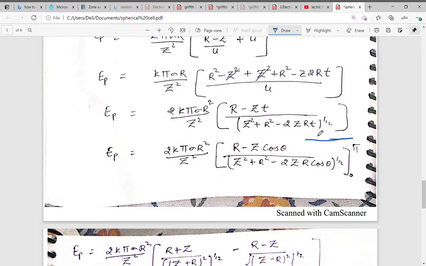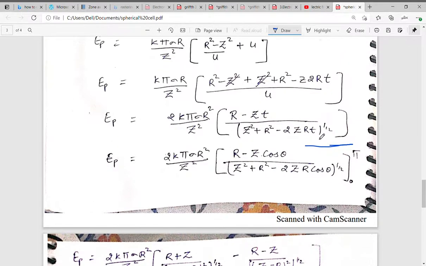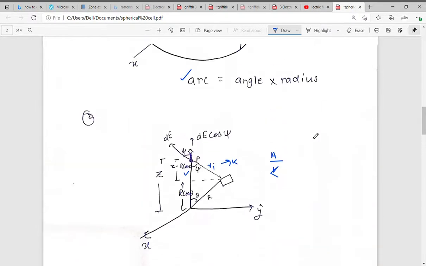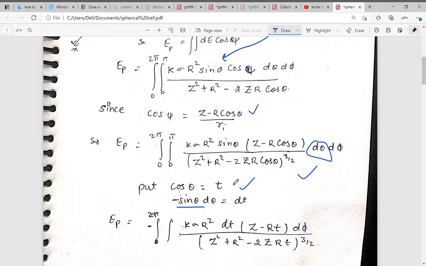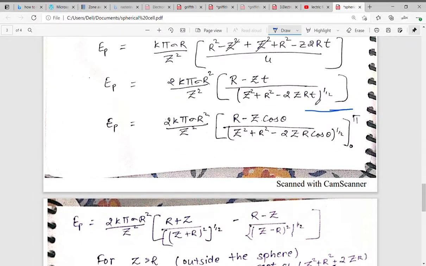Now further, as here I don't include these limits of u and t, I want to just substitute t by cos theta. As I have assumed that t equals cos theta, I put t equals cos theta in this expression.